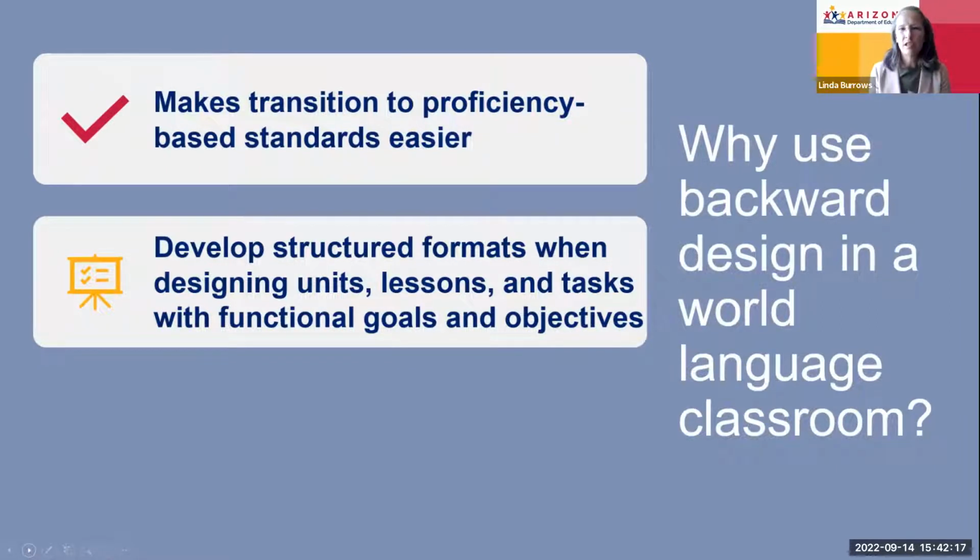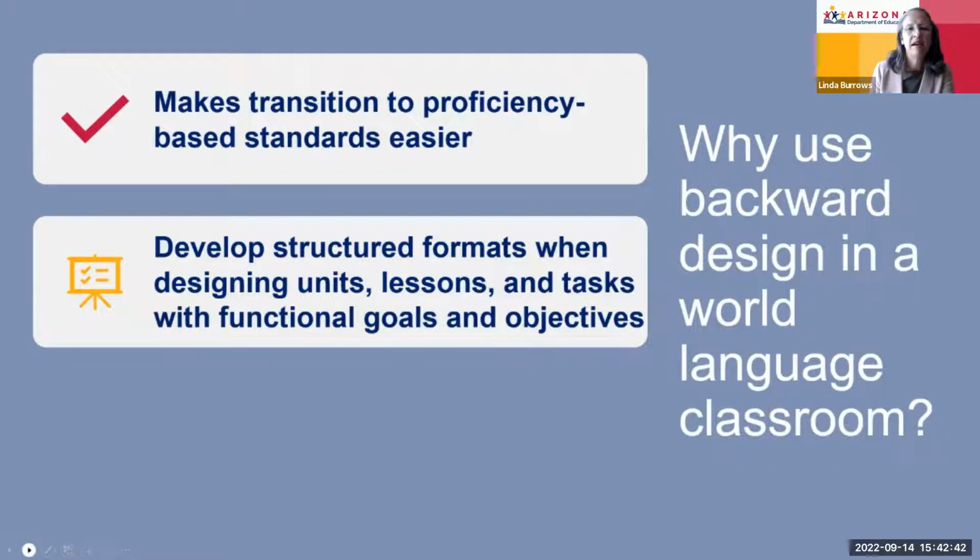As world language teachers, we know you may be the only one in your class or school, or one of two teachers. So this allows you to open that up to other teachers, plan a little more together, and then pull in authentic resources for your particular target language.